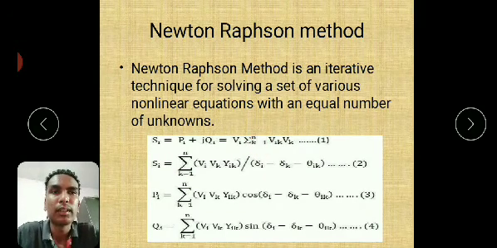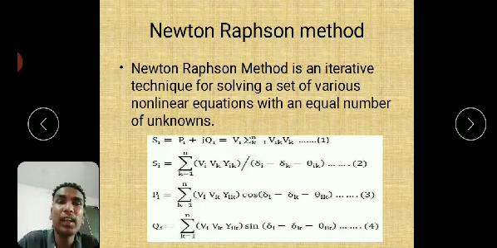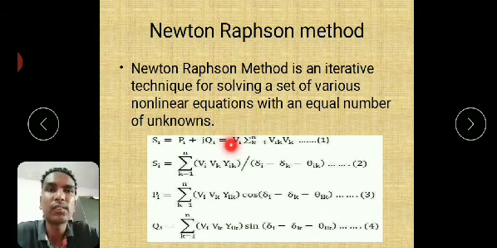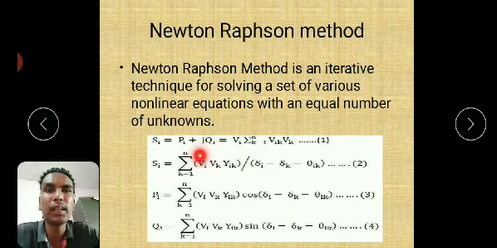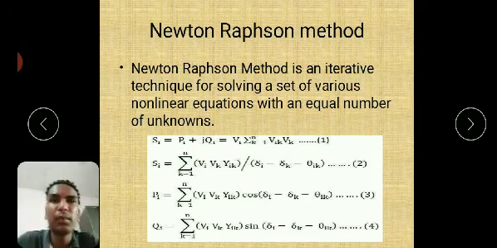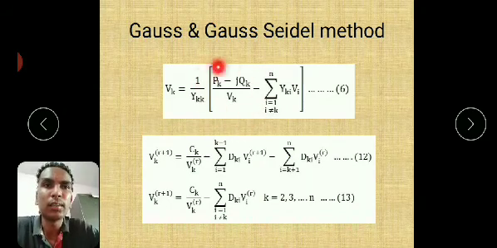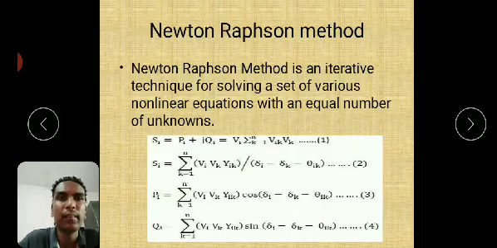So the current is the sum for k equal to 1 to n of Yik into Vk. To modify this equation, first we transfer this Vi into the division of Pi plus jQi. So we can write this part of the equation as Pk minus jQk upon Vk.